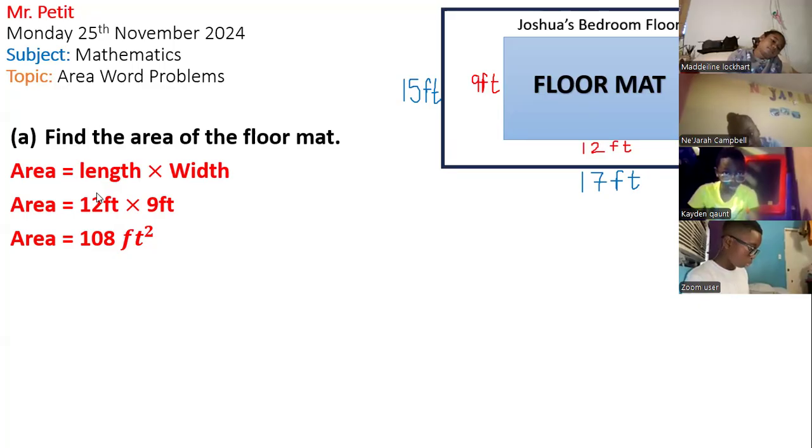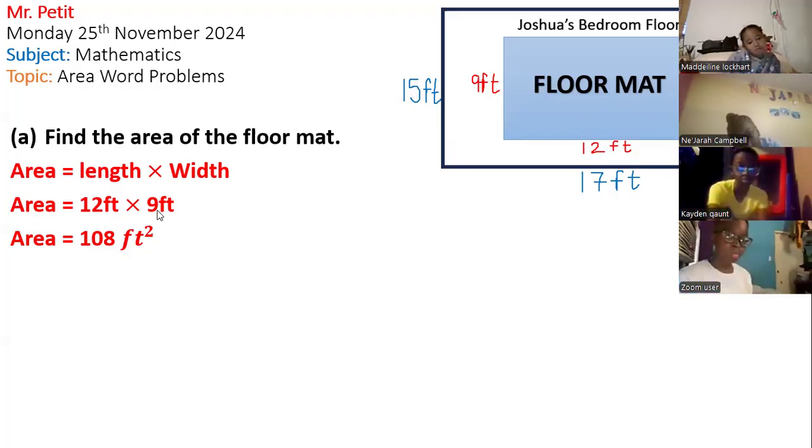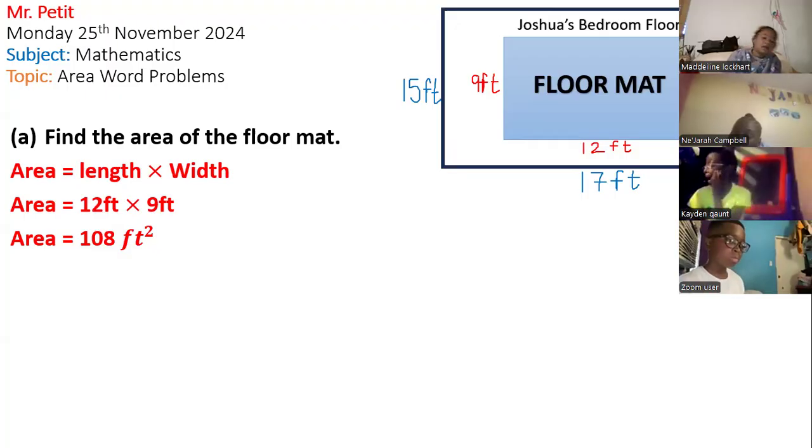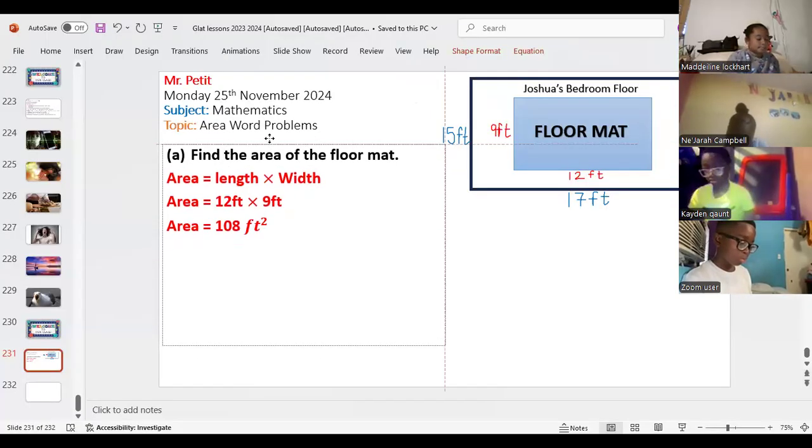What is the length? 12 feet times 9 feet equals 108 feet squared. Thank you. Okay, so let's move on to the other one.